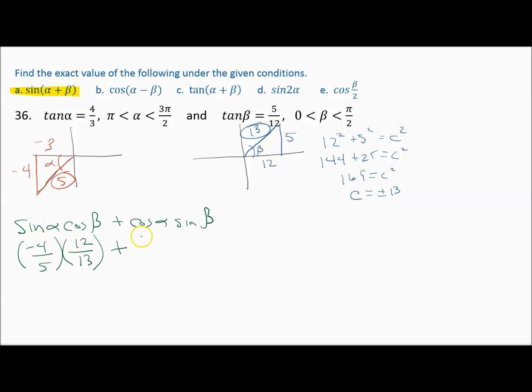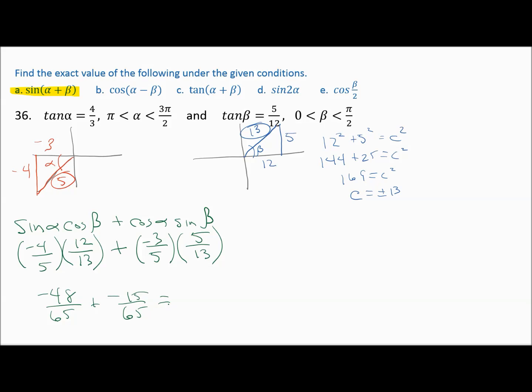So that's adjacent, which is -3, over hypotenuse, which is 5. And then my beta picture, so sine is opposite, 5, over hypotenuse is 13. So now I multiply, I get -48 over 65 plus a -15 over 65.